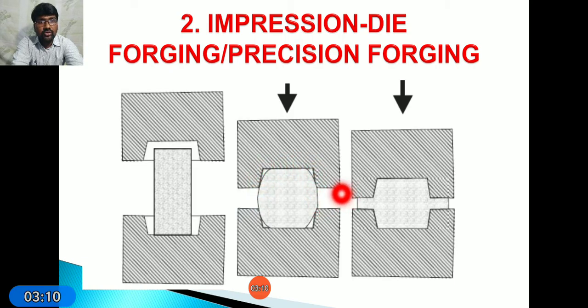After applying force, the die shape is completely filled. After the completion of the shape, the excess material that flows between the two dies is known as flash. Observe, this is the flash. Here the cross section and size of the workpiece change according to the shape of the die, which is known as the impression die forging process.